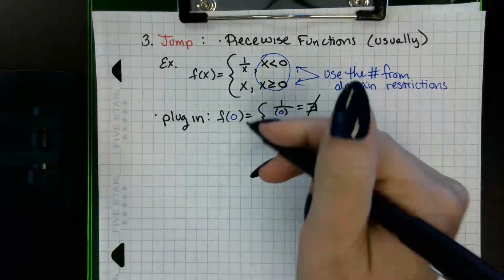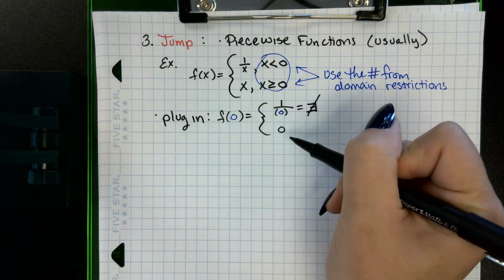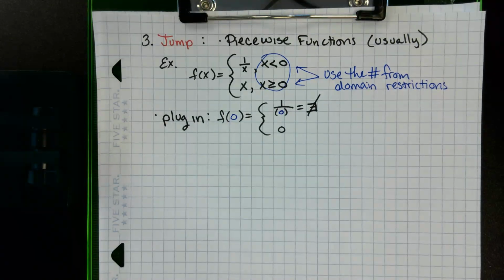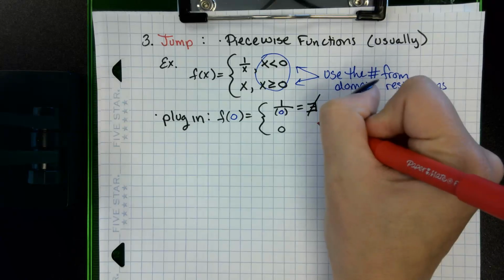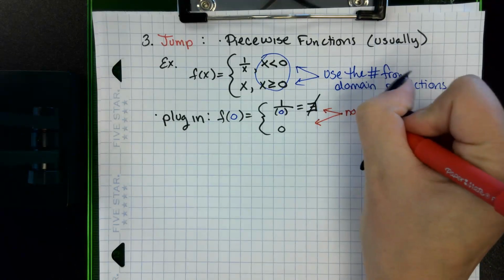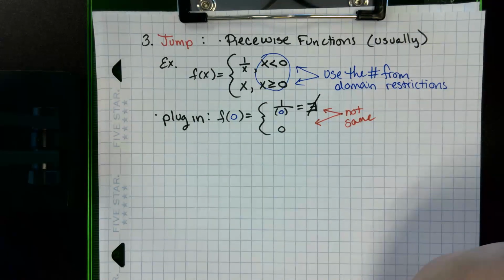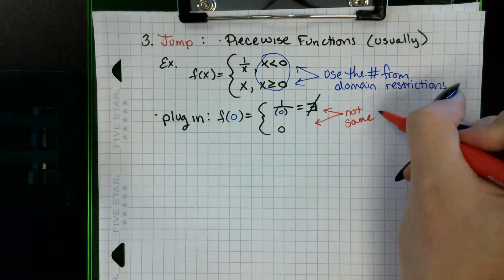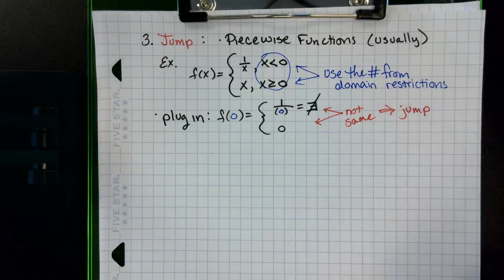But f of 0 for the other one is just 0, right? Because these are not the same, that tells us we have a jump. We evaluate a certain x value and we get 2 things that are not the same. That leads us to a jump.